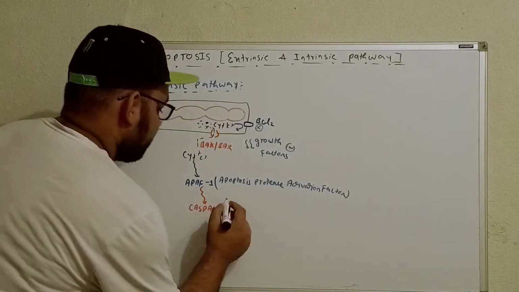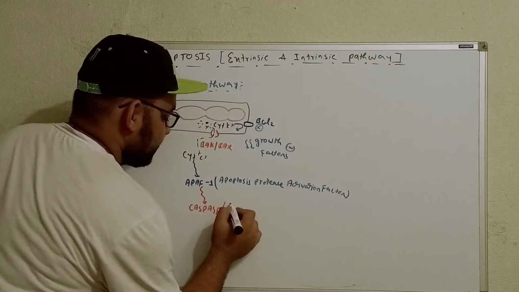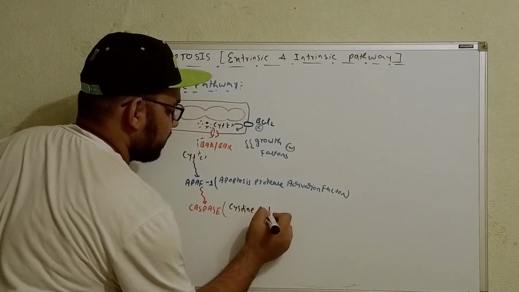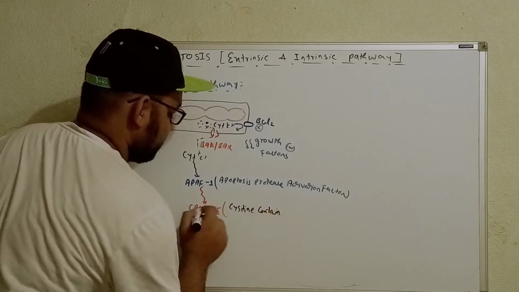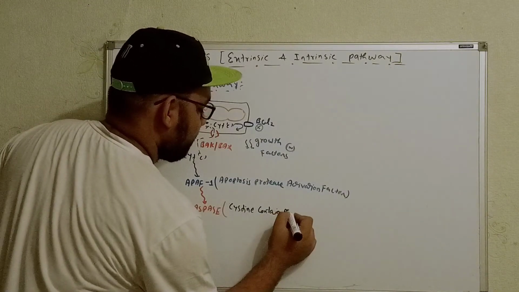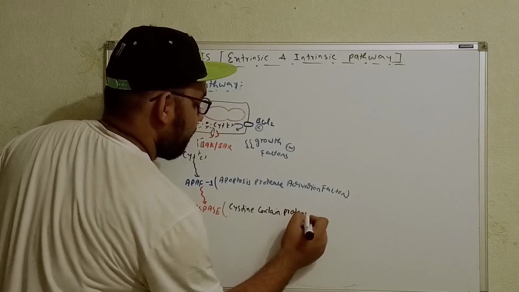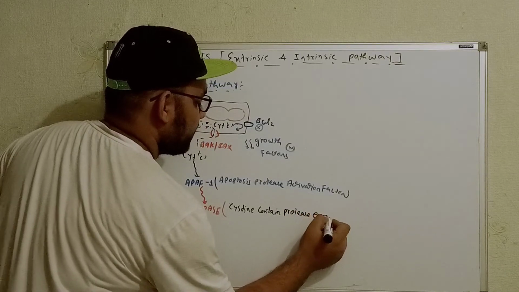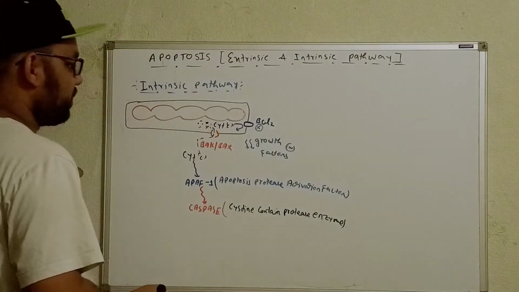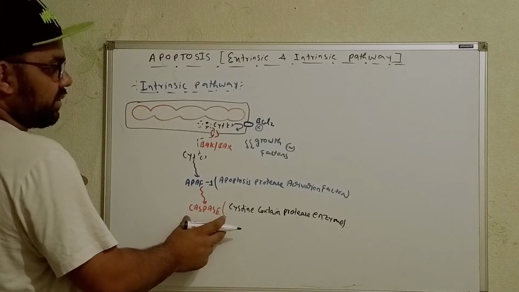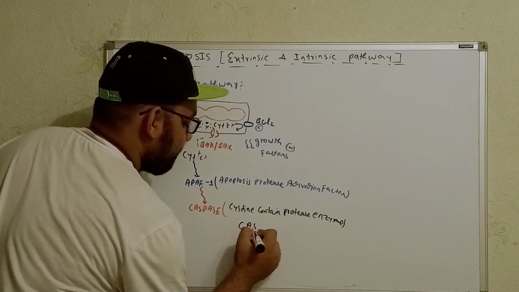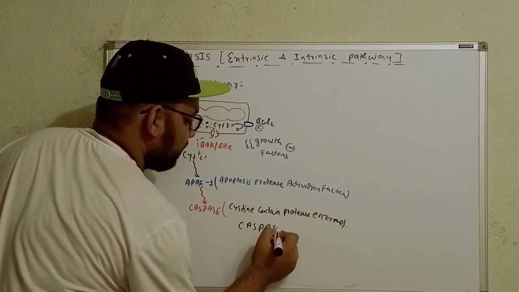So caspase is a cysteine containing protease enzyme. Let me write it over here, caspase.